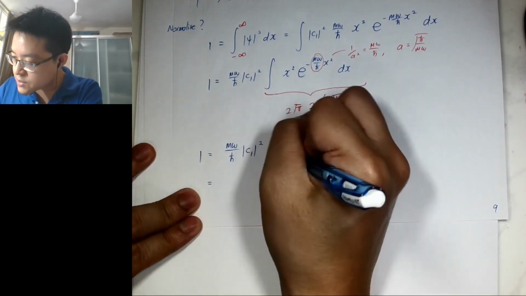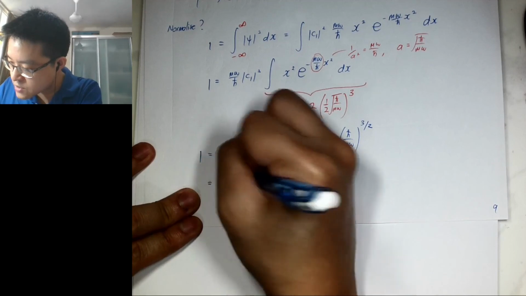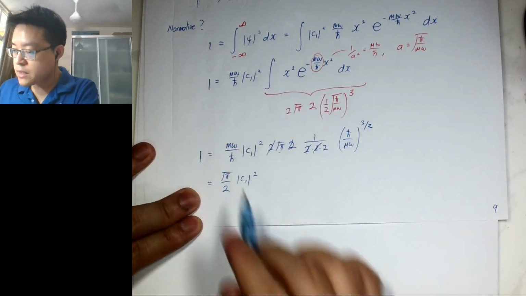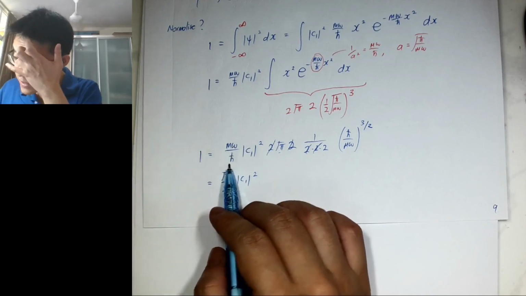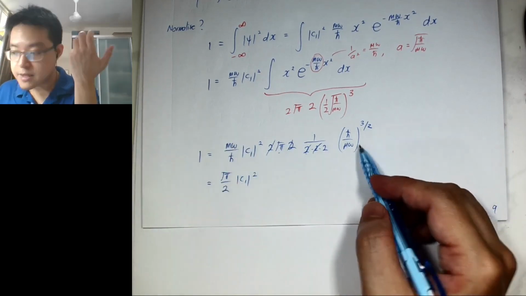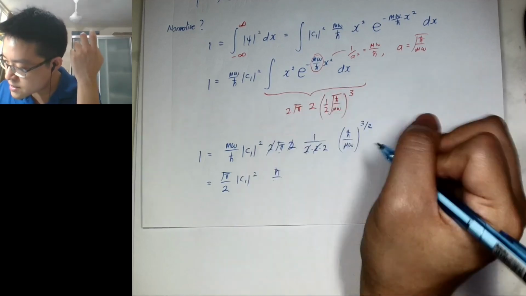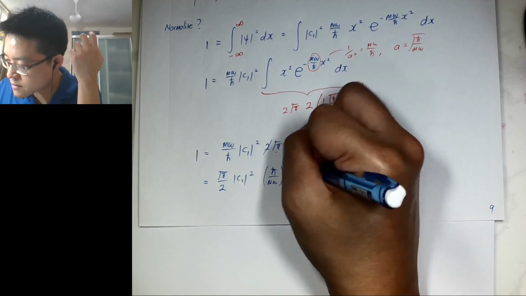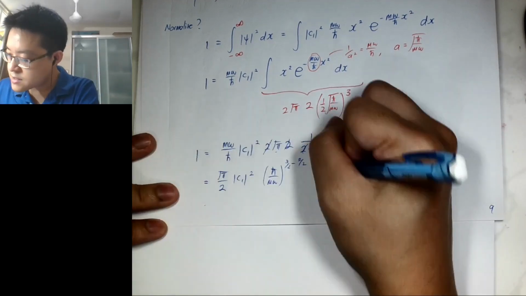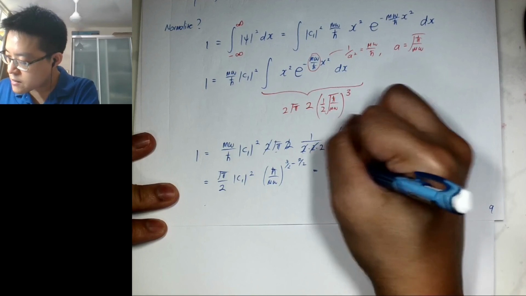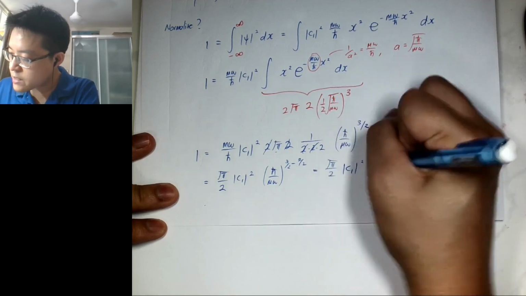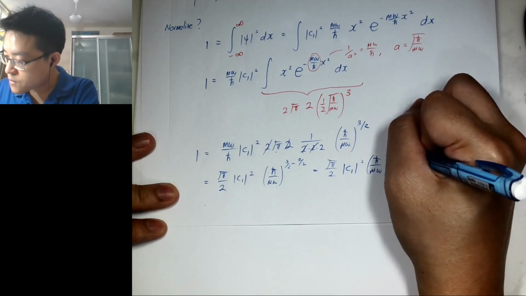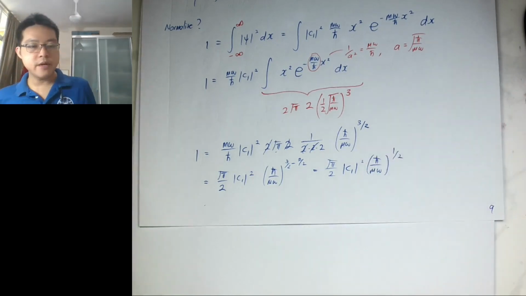And then there's a root pi, there's a 2, nothing I can do here, so let's keep it here. There's a C1 absolute square. And then I got m omega over h bar, so notice that this is the upside down of this. So actually what we're having is m omega over h bar, this is the upside down, so this is 3 over 2 minus 1. So that means this is just pi over 2 C1 squared, h bar over m omega, to the power half, right?